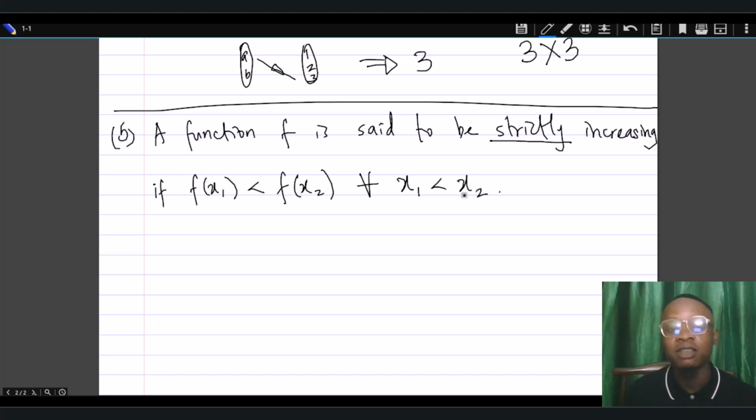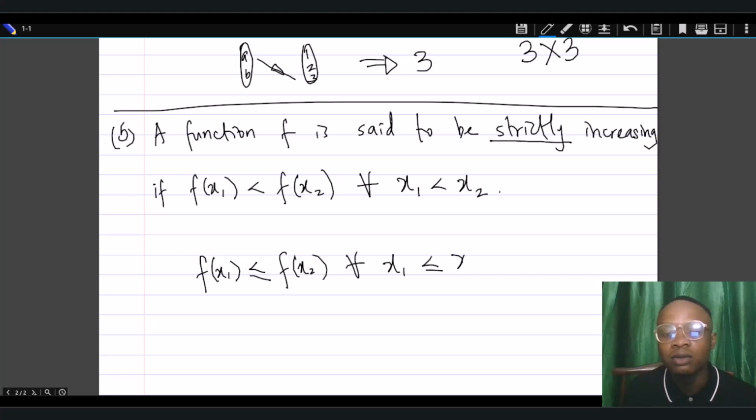If the statement just says a function is increasing, just an increasing function, then without the use of strictly, we will have something like f of x1 less than or equal to f of x2 for all x1 less than or equal to x2.